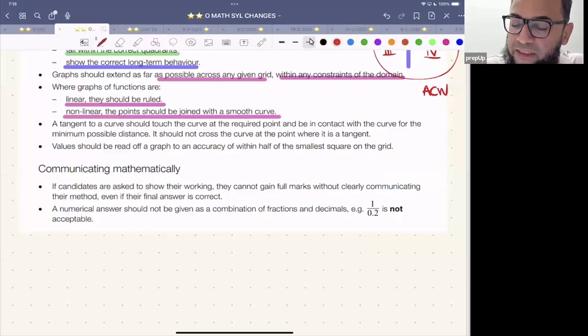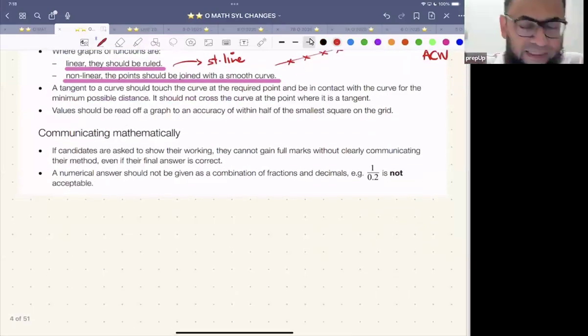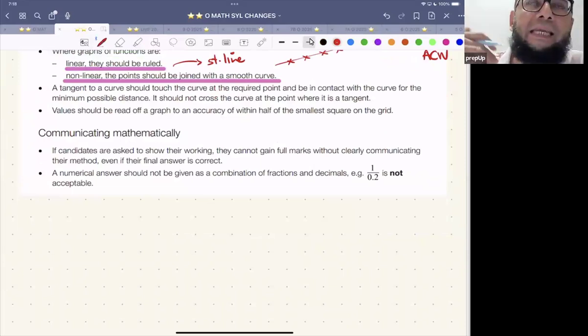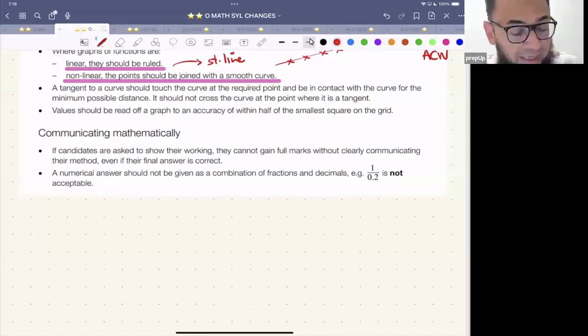Ruled means joined by a straight line. That means these points are there, they should lie on that. And if it's a curve, it should be a smooth curve. You will know when to draw it smooth based upon the idea of the sketch, and that we will study in algebra. That is why there are 3 classes of algebra, because algebra has a lot of topics in it, so has numbers.